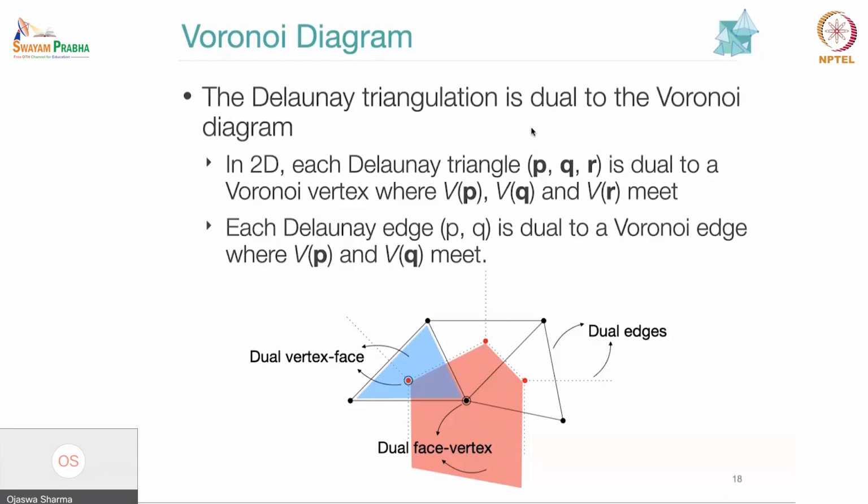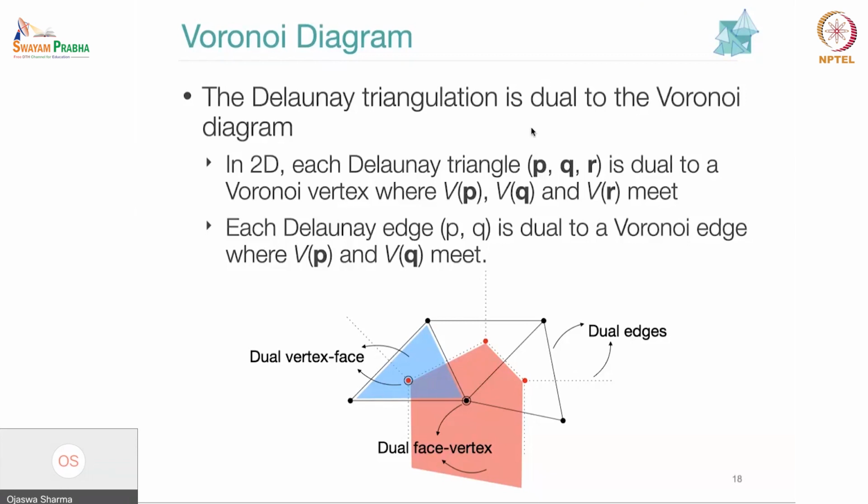I hope this is clear, right? So you have these VP, VQ, and VR. Let's say these are the three adjacent facets, and then the Voronoi vertices of VP, VQ, VR will form a Delaunay triangle, right?